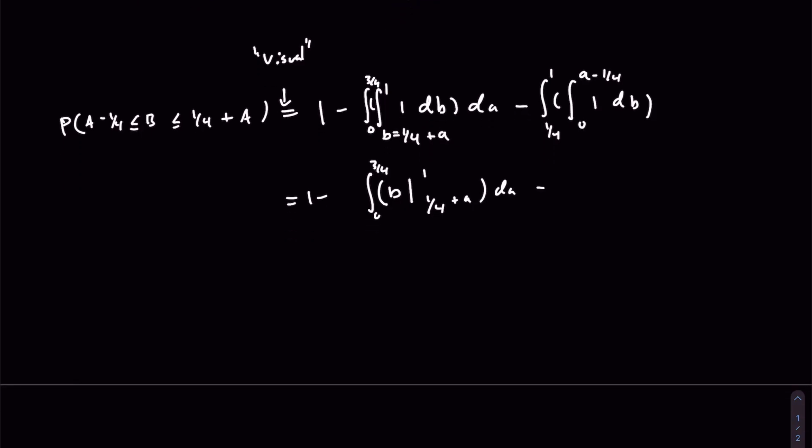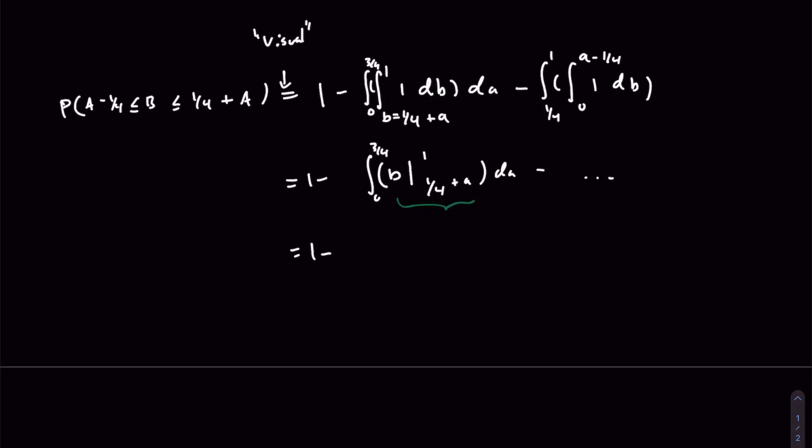Just going to write out this negative like so. Minus, and this inner thing is now 1 minus, sorry, it should be negative, 1/4 plus negative a.